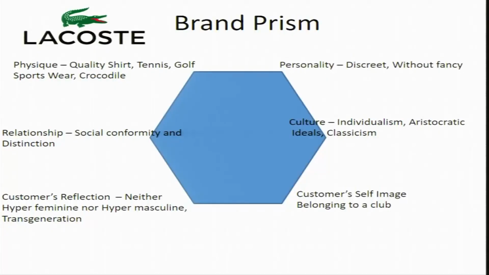So, let us look at the 6 sides of the brand prism when it comes to the Lacoste brand. So, personality, physique, correspondence. The moment you think of Lacoste, what is visible to your eyes is, one, of course, it is a quality t-shirt, then it has some kind of connection with tennis. So, you will see that many sports personalities, when they play their game, wear Lacoste t-shirts.